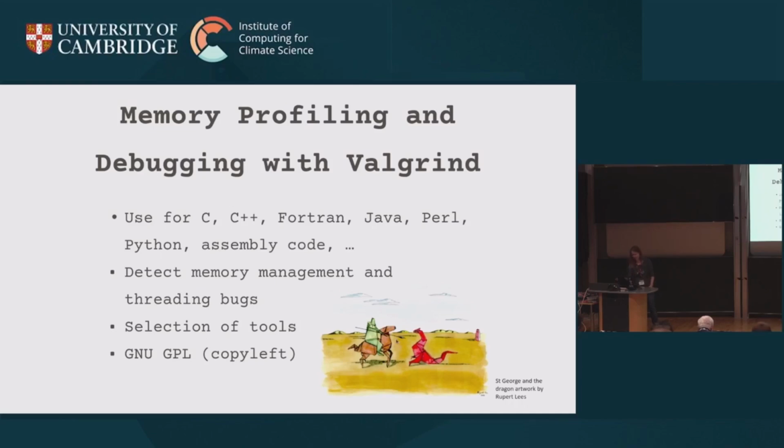I really like them. I've still not found out why St. George is depicted with this. I think it's to do with killing the dragon, killing the bugs. On the website it just says because Valgrind was invented in England. I don't know, but it's a very powerful toolbox.